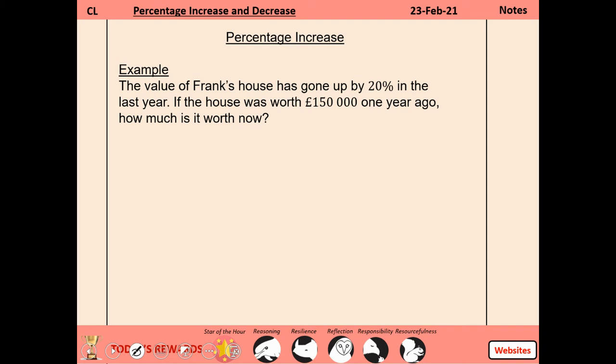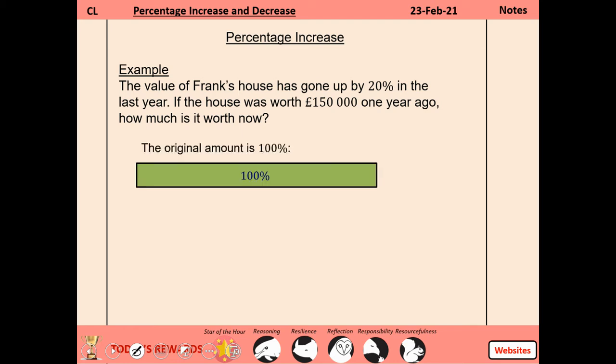It says here, the value of Frank's house has gone up by 20% in the last year. If the house was worth £150,000 1 year ago, how much is it worth now? Let's look at this in terms of a diagram to help us understand what's going on.